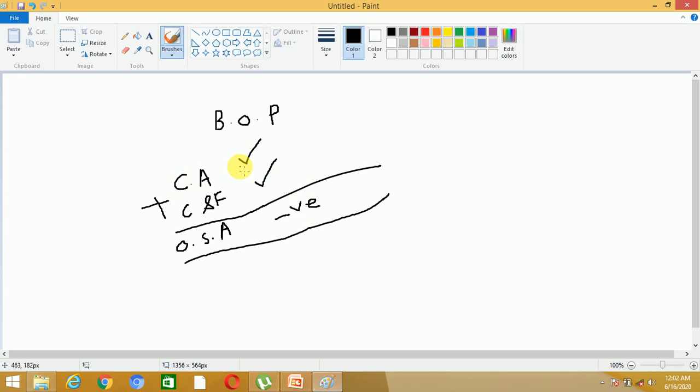Suppose the current account balance is negative 60 billion, and the capital and financial account is positive 10 billion. So their difference is negative 50 billion.